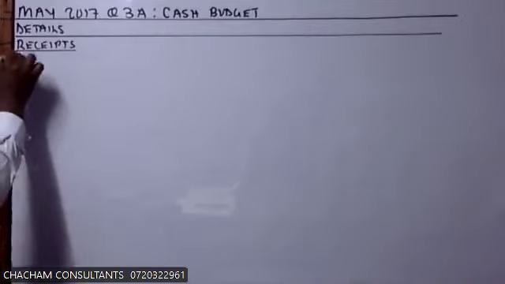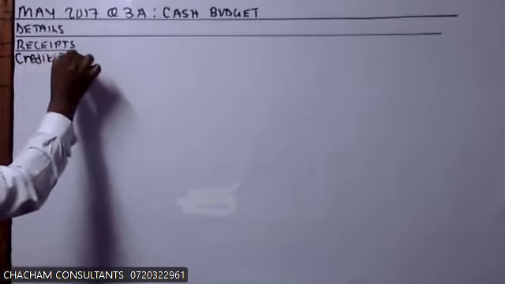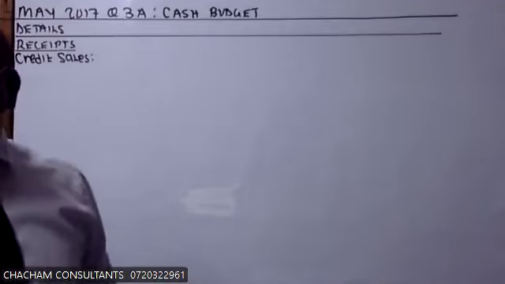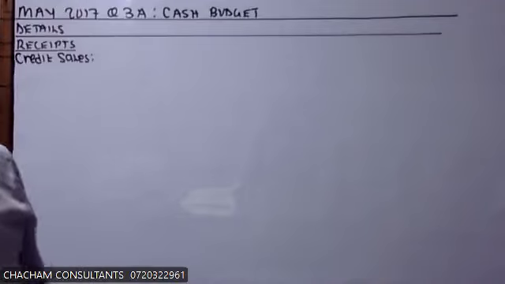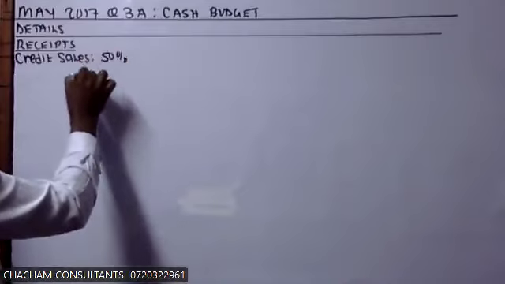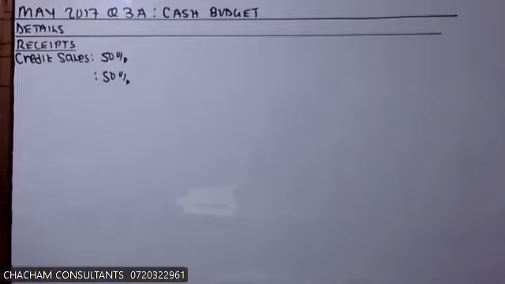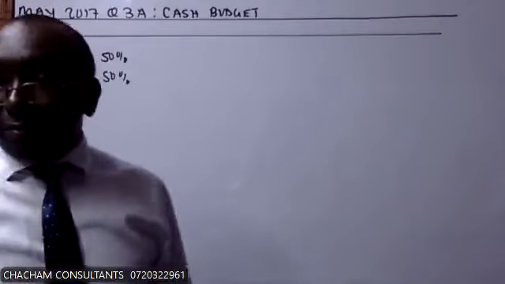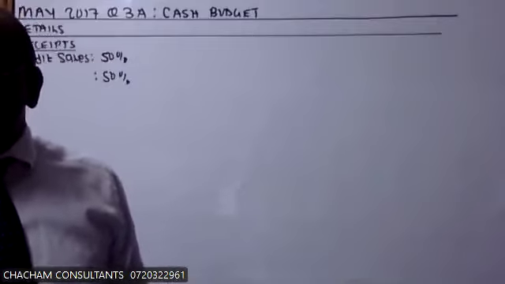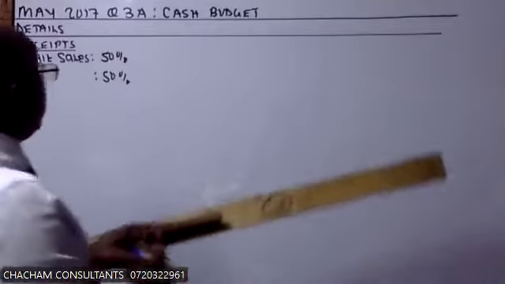So we will talk of credit sales or debtors. And these credit sales are divided into 2 categories: there is 50% and there is another 50%, because they are paying half. We don't have any other way that money is coming in.